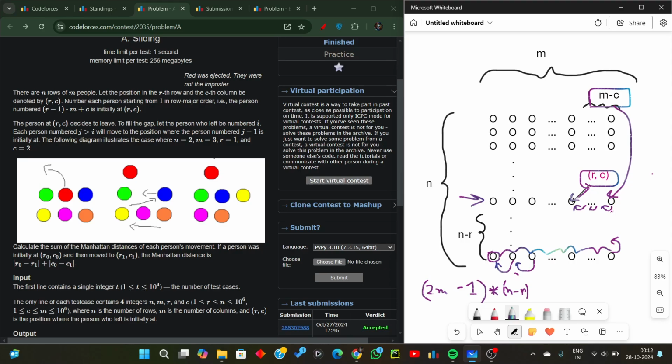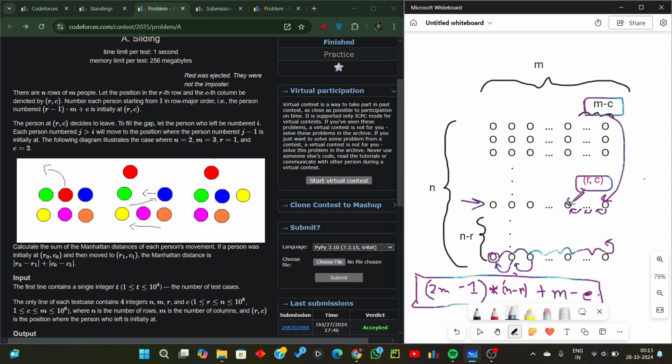So those people will also move, m minus c steps, and therefore there will be an additional m minus c added to our expression, and this is the final formula, you can say, and that's the solution.